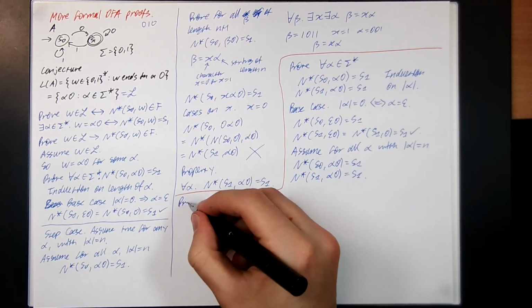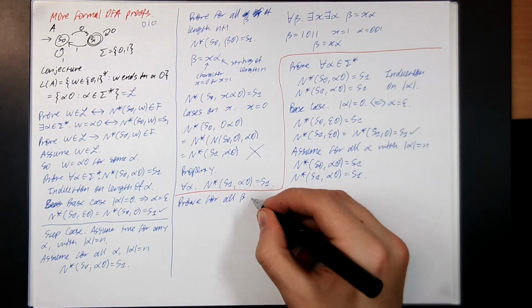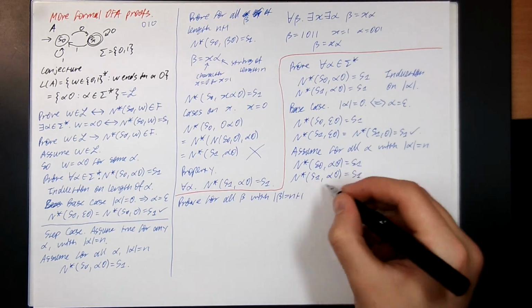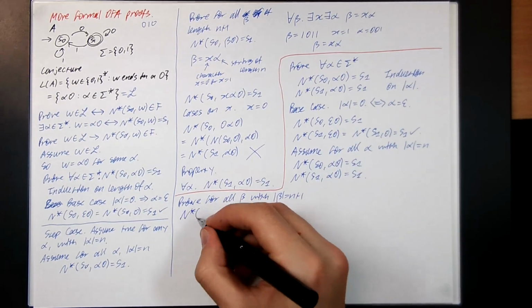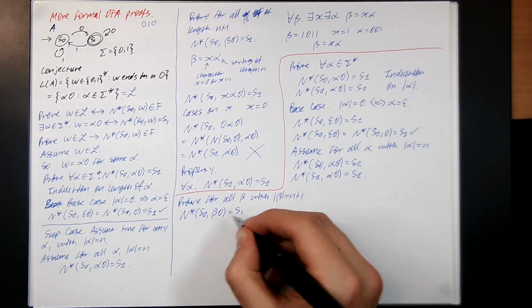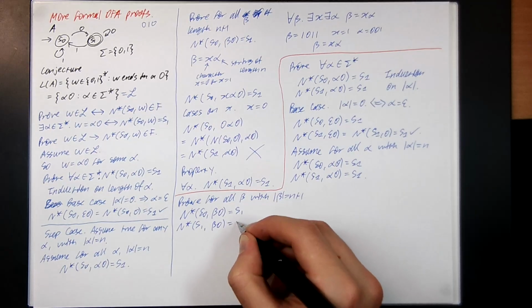And we want to prove, for all beta where the length of beta is equal to n plus 1, both of these properties. So we want to prove from S0, reading beta 0 gets me to S1, and from S1, reading beta 0 gets me to S1.